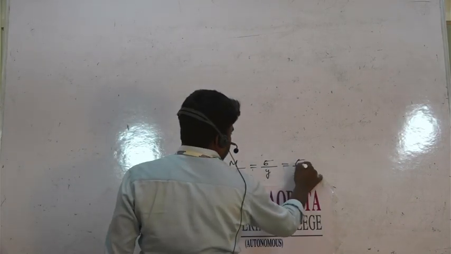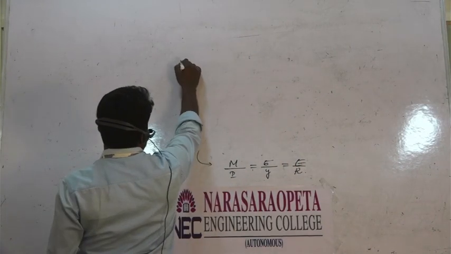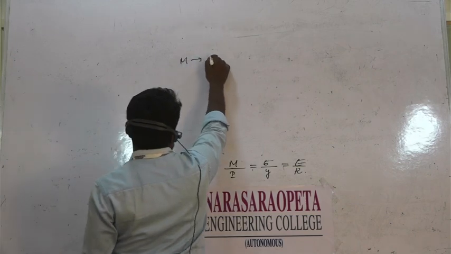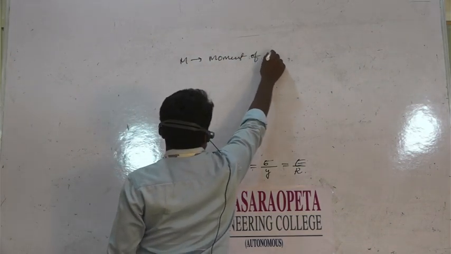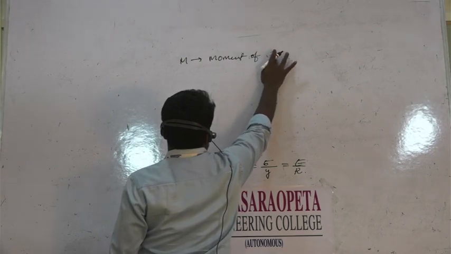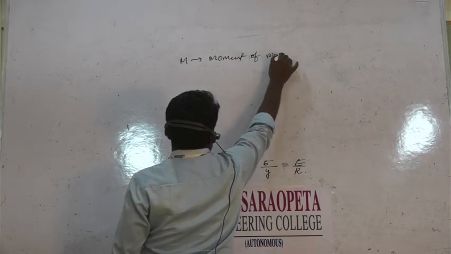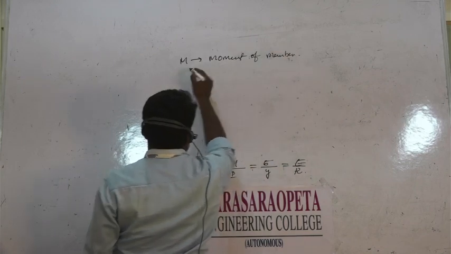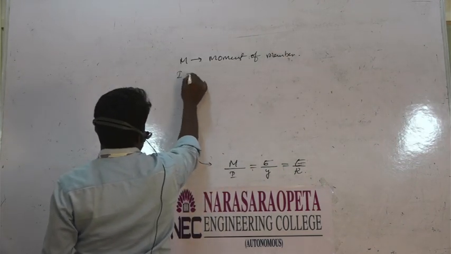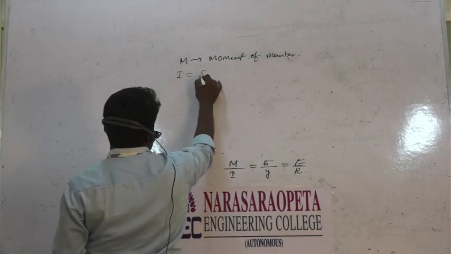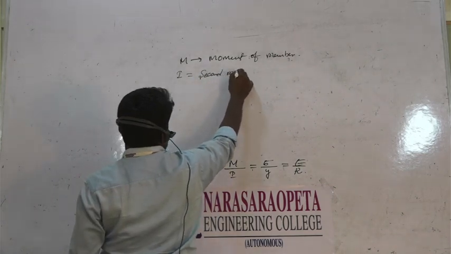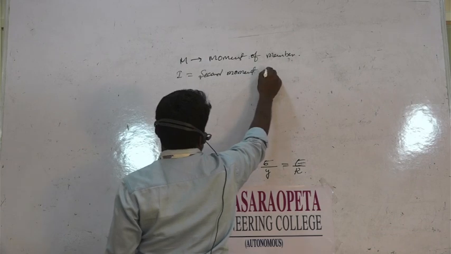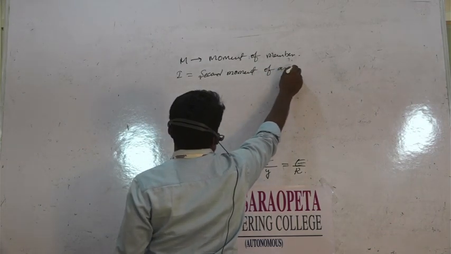M by I equals E by R. So M means the moment of the member. The next, I, is the second moment of area.